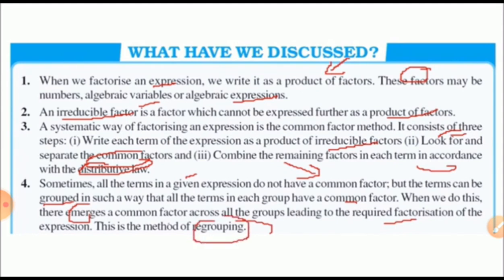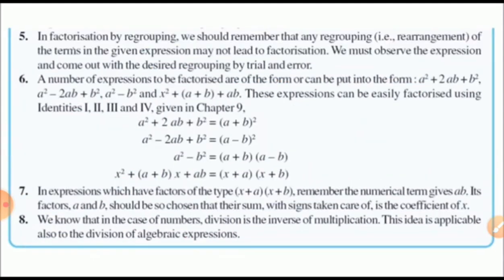In factorization by regrouping, we should remember that any regrouping, that means a rearrangement of the terms in the given expression, may not lead to factorization. We must observe the expression and come out with the desired regrouping by trial and error method.